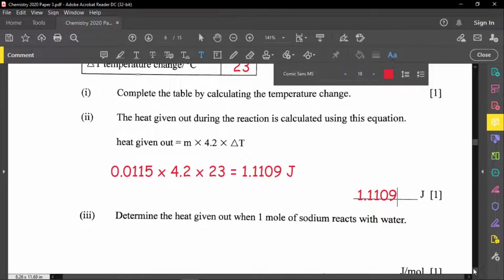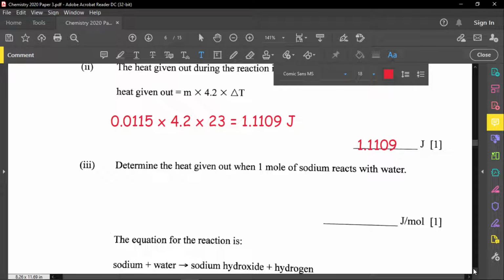For part 3, we determine the heat given out when 1 mole of sodium reacts with water. First, we need to think about how to find the number of moles.